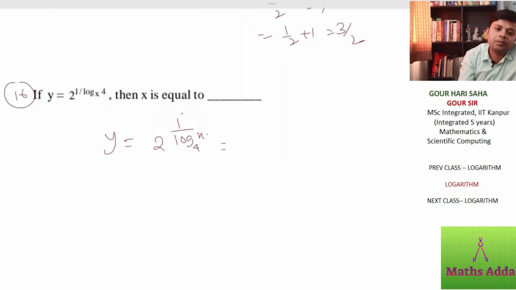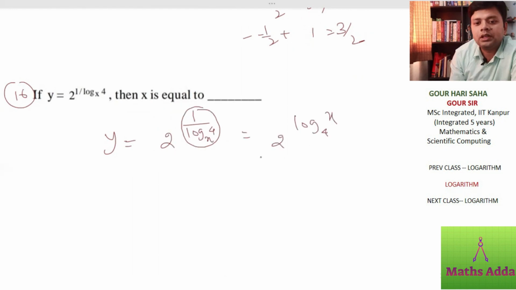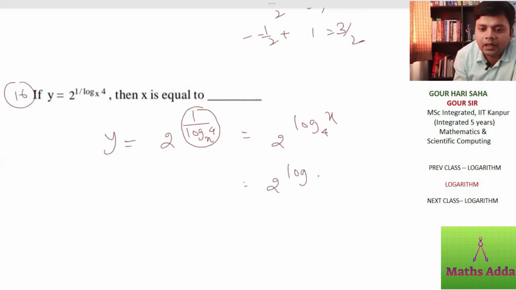Can you apply the base change formula here? 2 to the power log of x base 4, right? Now it is 2, it is 4. So if you convert this to base 2, can I write this as 2 to the power log of 2 square base x, right?